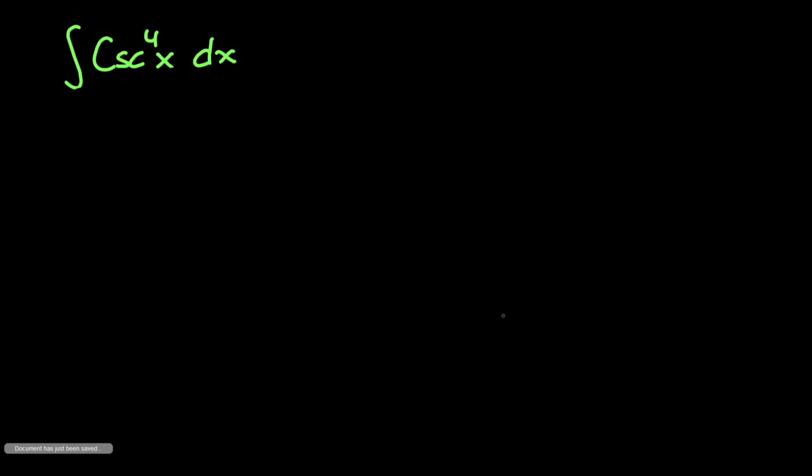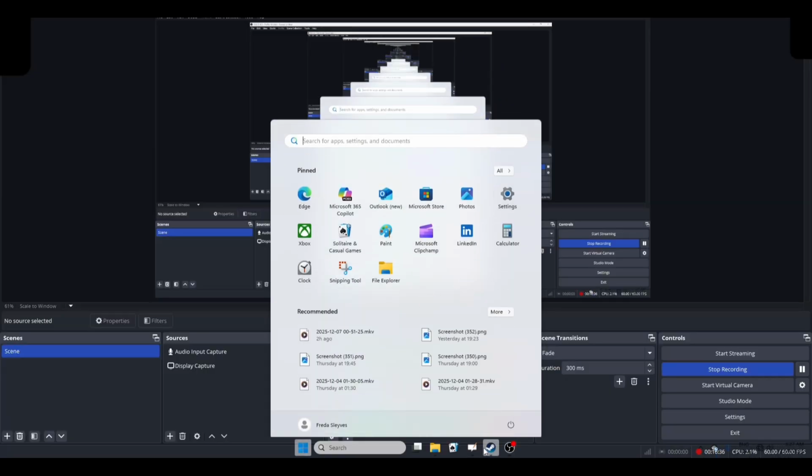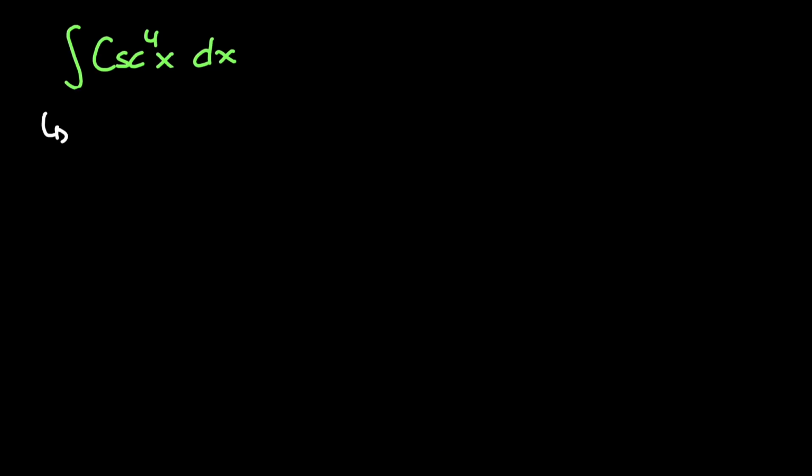Let us continue on with the integral of cosecant to the power of 4 of x dx. And so we would factor out cosecant squared of x.